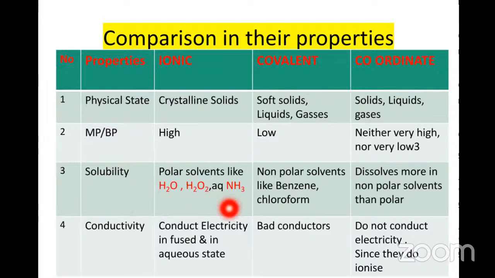Ionic compounds conduct electricity in fused and aqueous states. But covalent compounds are bad conductors of electricity because there are no free electrons and ions in them. In coordinate compounds, they do not conduct electricity since they do not ionize. These are the comparisons of properties of ionic, covalent and coordinate compounds.